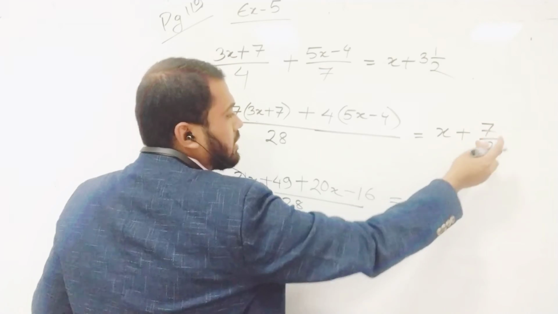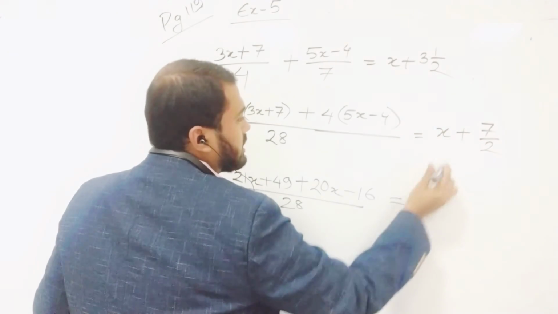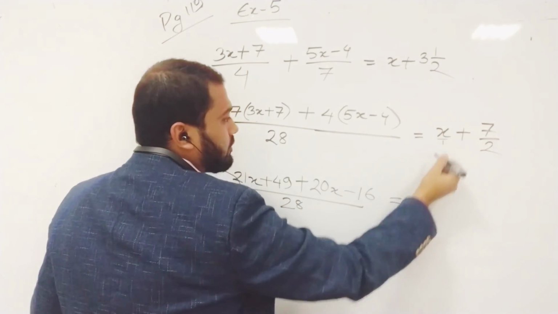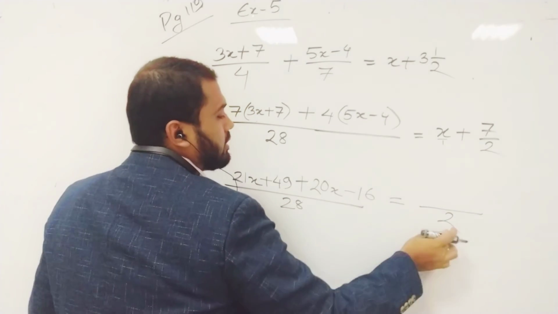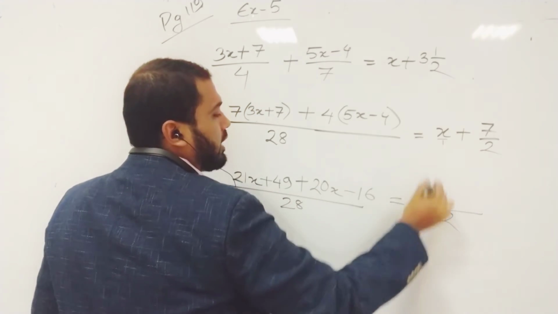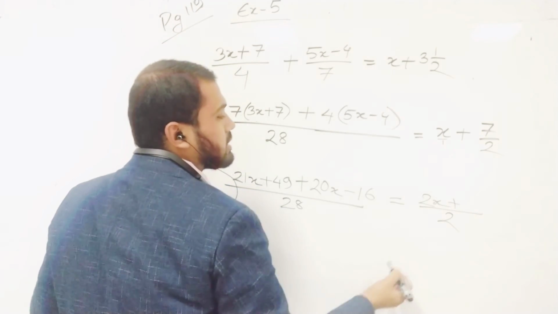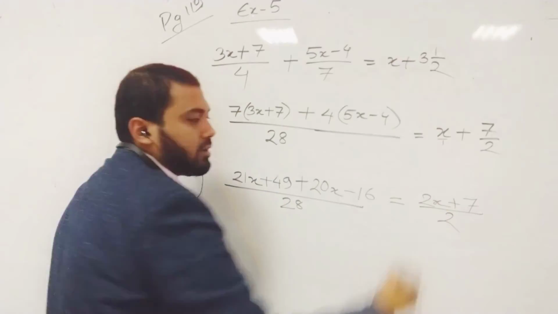If we solve this fraction as well, since there is 1 in the denominator of x, we can say 2 is the LCM over here. Then 2 divided by 1 is 2, 2 into x is 2x. Then the plus sign comes as it is, 2 divided by 2 is 1, 1 into 7 is 7.